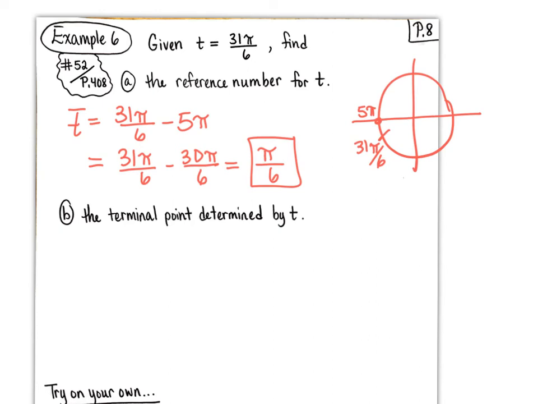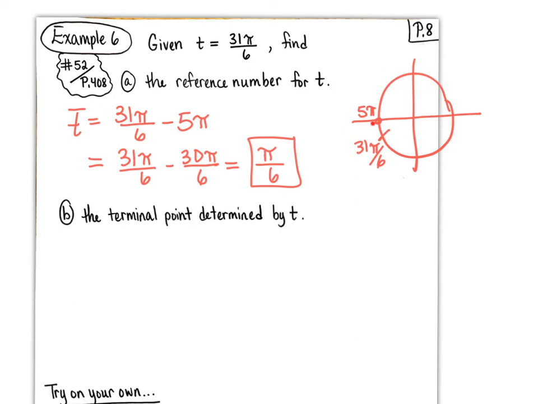How did you get the 30 pi over 6? Because 5 pi is the same thing as 30 pi over 6. Let's count again. So here to here is 6 pi over 6, which is the same thing as pi. We simplified it.